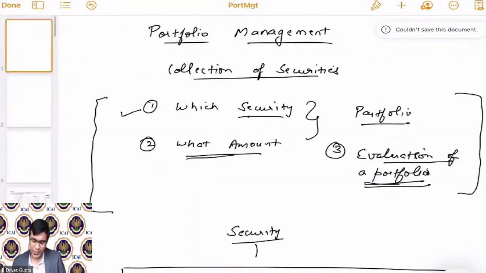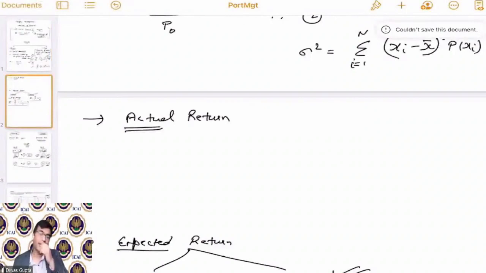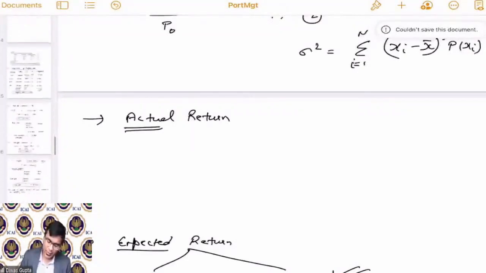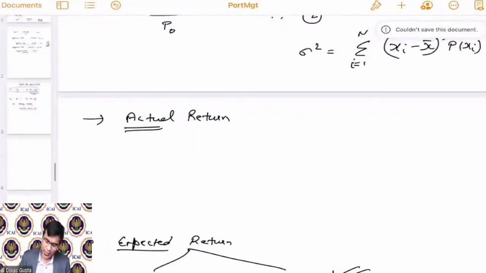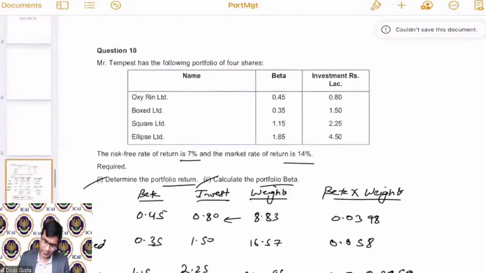On the first page, I mentioned two things: one is the actual return and one is the expected return. Actual return is what has actually happened, and expected return is what is our expectation. So Jensen's alpha's theory is also based around this.